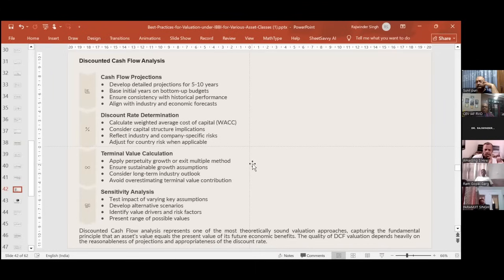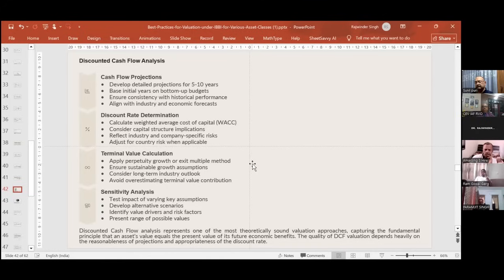Then base initial years on bottom up budgets, ensure consistency with historical performance, and in line with the industry and economic forecast. Once these cash flow projections are determined, then you have to determine the discount rate.